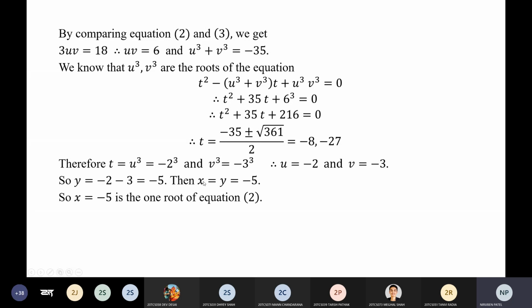Now what is next? Remaining roots. What about the remaining roots?